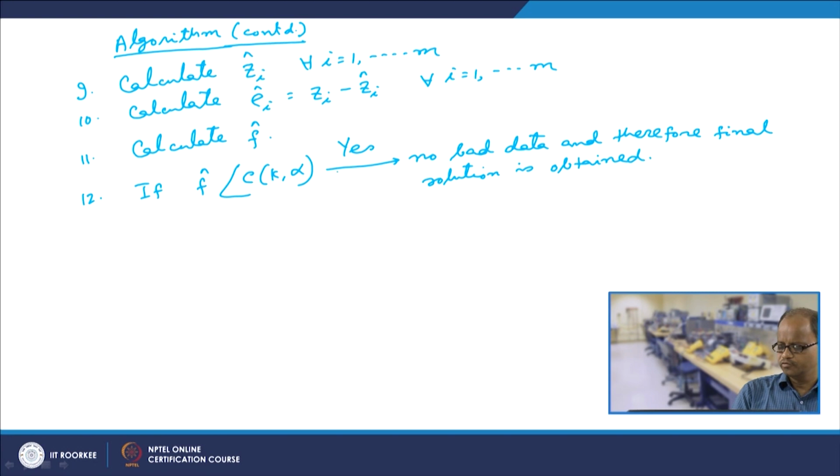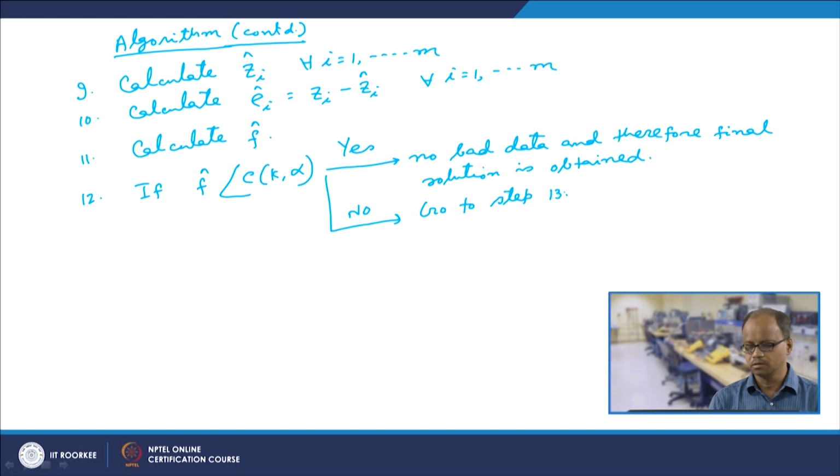If no, go to step 13. What do you do in step 13? Calculate the R dash matrix. We have already seen how to calculate the R dash matrix.